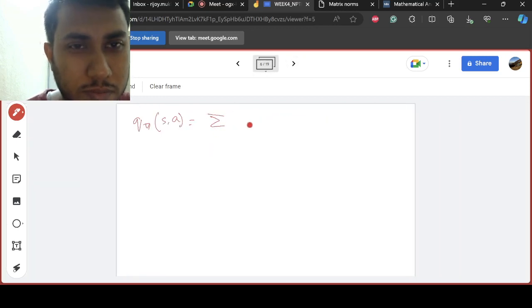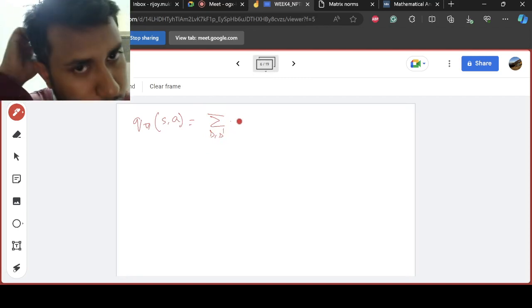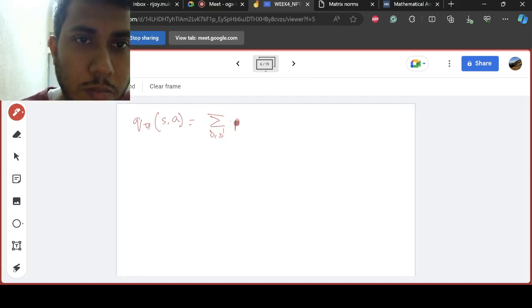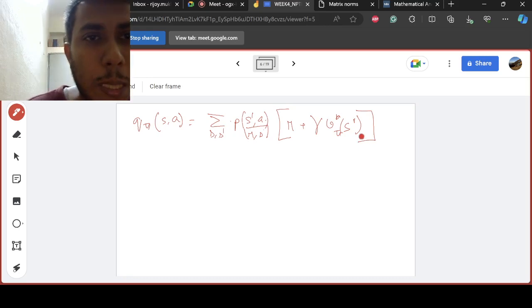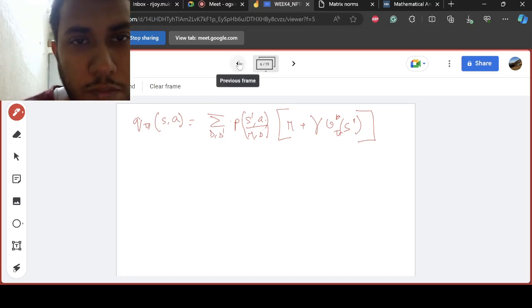Summation over S dash, P of S dash comma R by S comma A, R plus V star, V prime S dash. So this is your action value function.